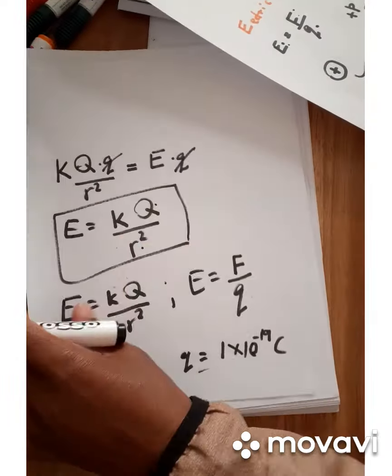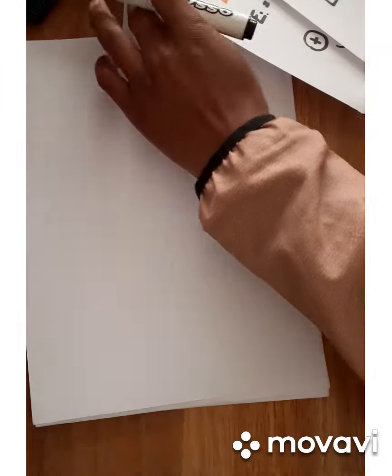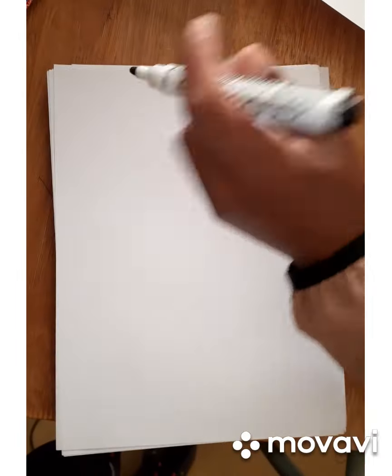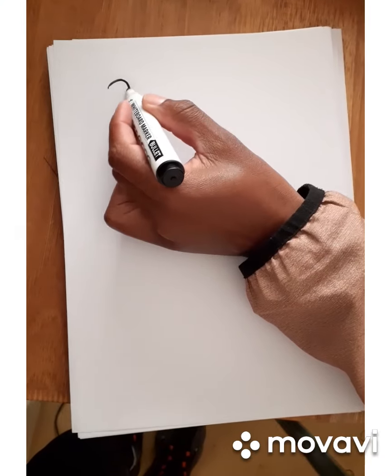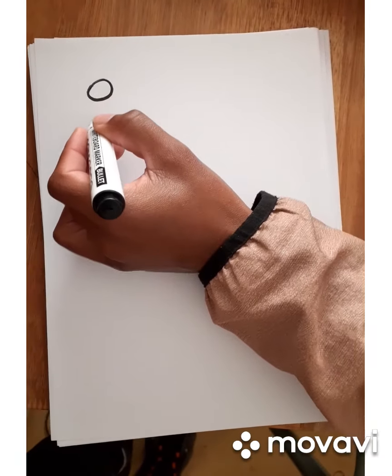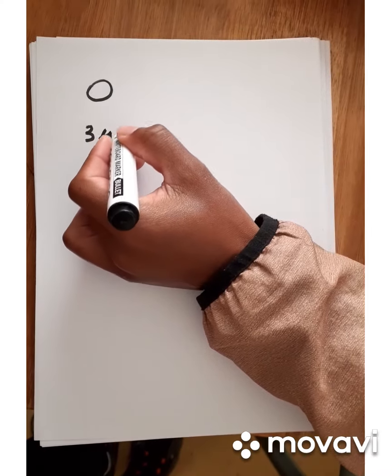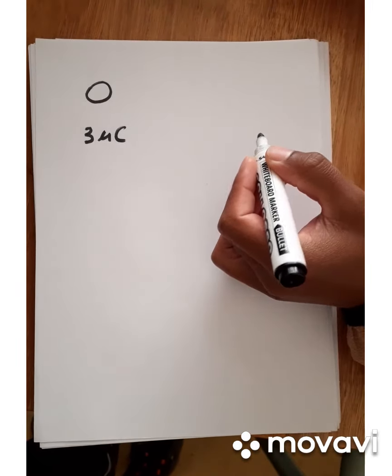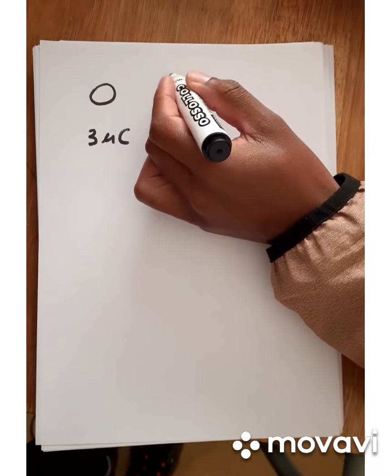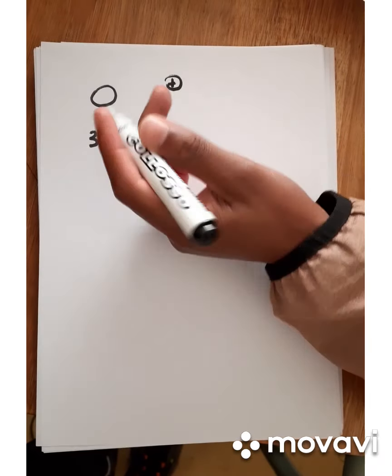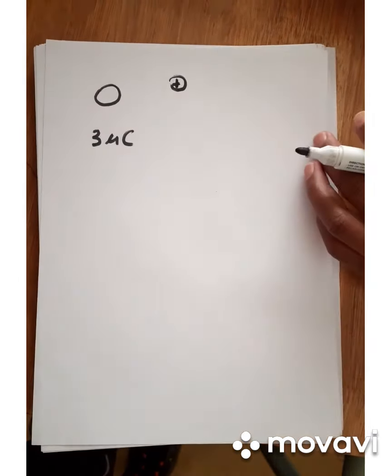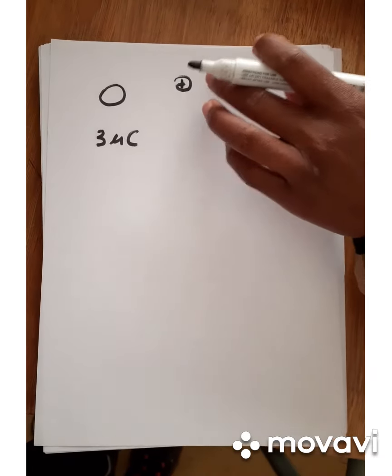Then the application is still the same. Suppose we have this charge here, and suppose it is 3 microcoulomb, and then you are placing a point charge here. Then you need to know what is the electric field strength around that one.